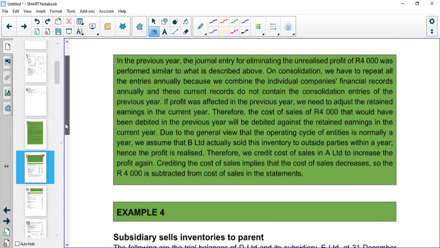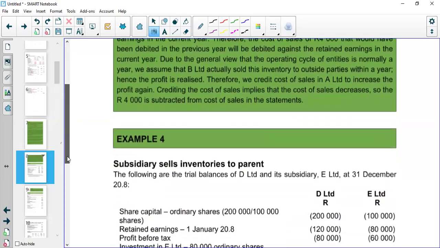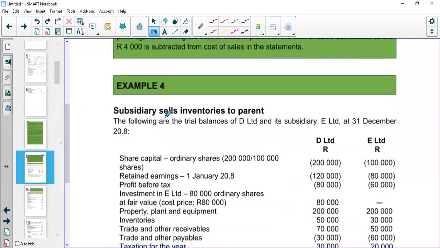Right, so now when it comes to the subsidiary selling inventories to the parent, the subsidiary has the profit. So if there is any profit that is unrealized, it has to be adjusted in the analysis of equity, because before we share, we need to do the adjustment.